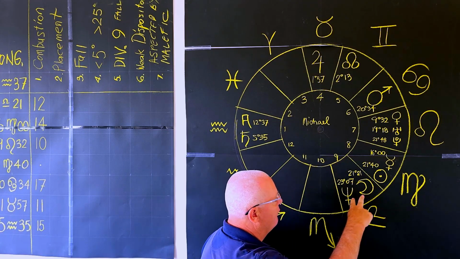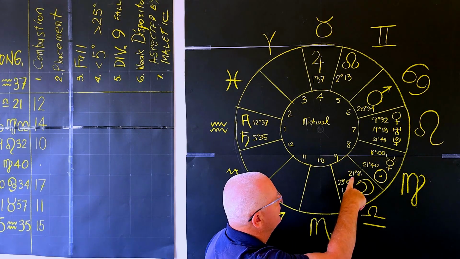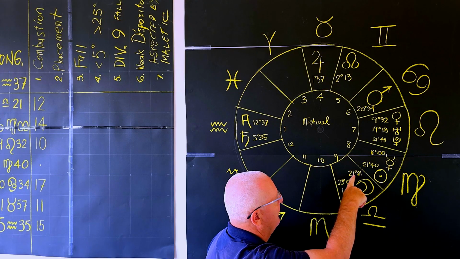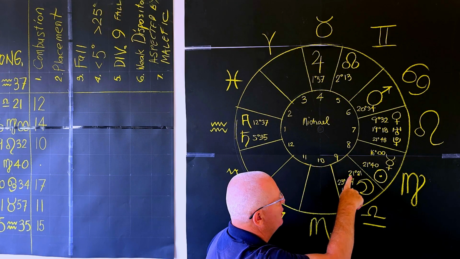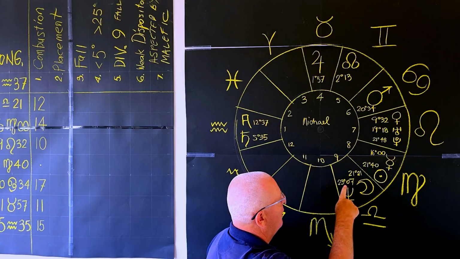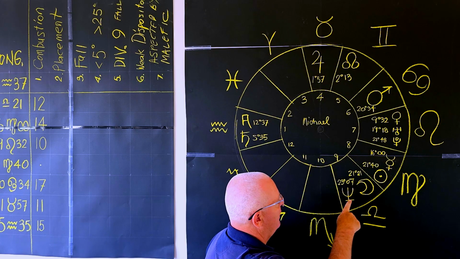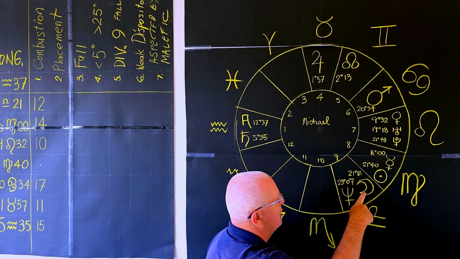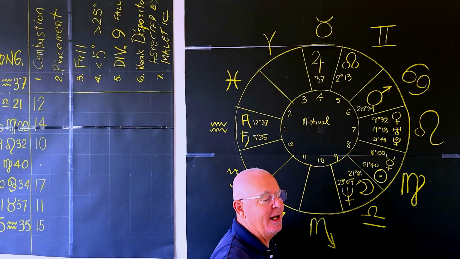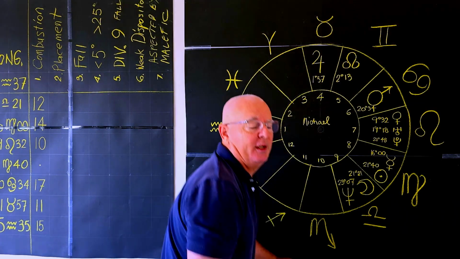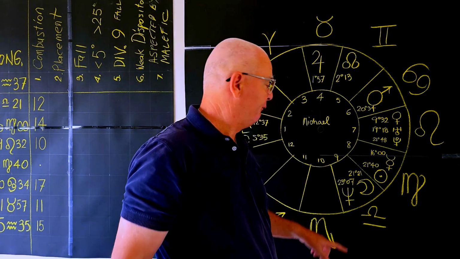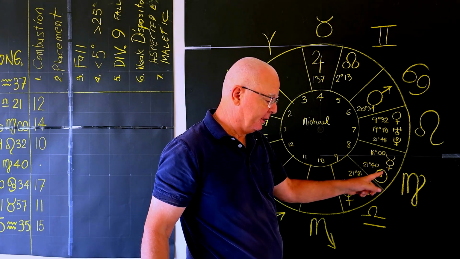The proximity of these 2 planets, which are less than 2 degrees apart, because if you add 2 degrees to the Moon, it goes to 23 21, which is past that. It's less than 2 degrees. The proximity of these planets is probably even more important in my life than the proximity of these 2.